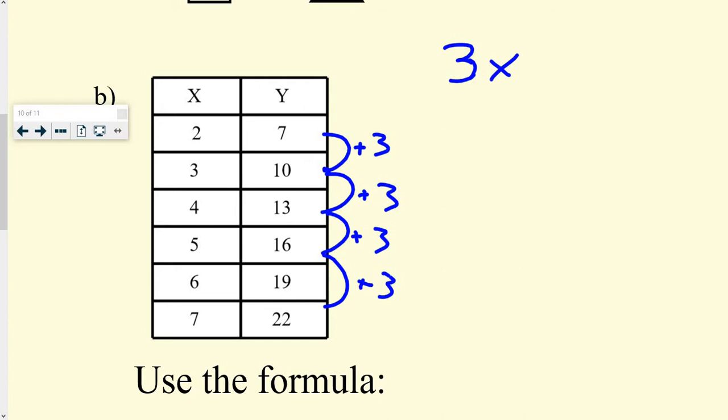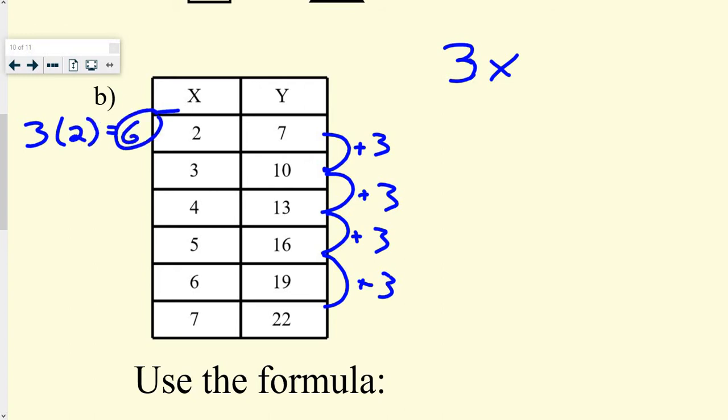So 3 times x. When we plug this in, 3 times 2 equals 6. Well, 6 does not equal 7, so we must have to add 1. So 3x plus 1 should equal that.